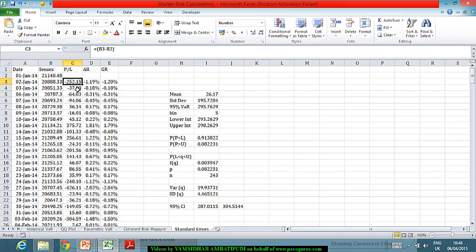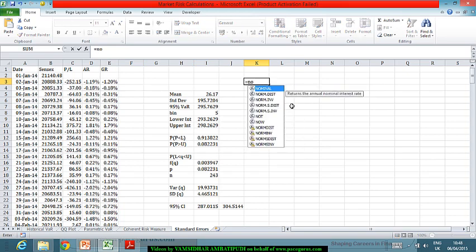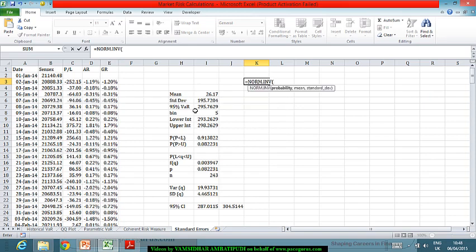If P&L follows a normal distribution with mean this much and standard deviation this much, I can generate different possible values which stick to the same. Probably I'll generate the values using the norm inverse, with some kind of random probability, with a mean equivalent to 26 and a standard deviation equal to 195.